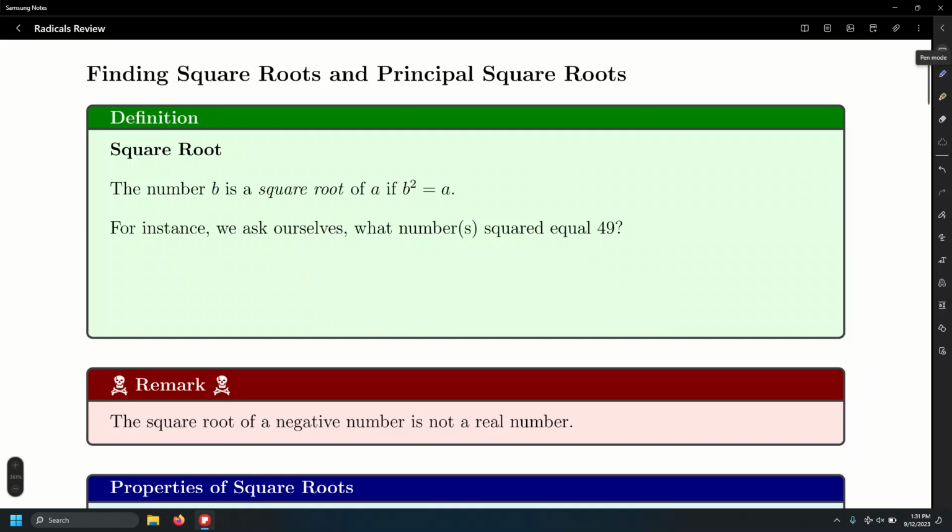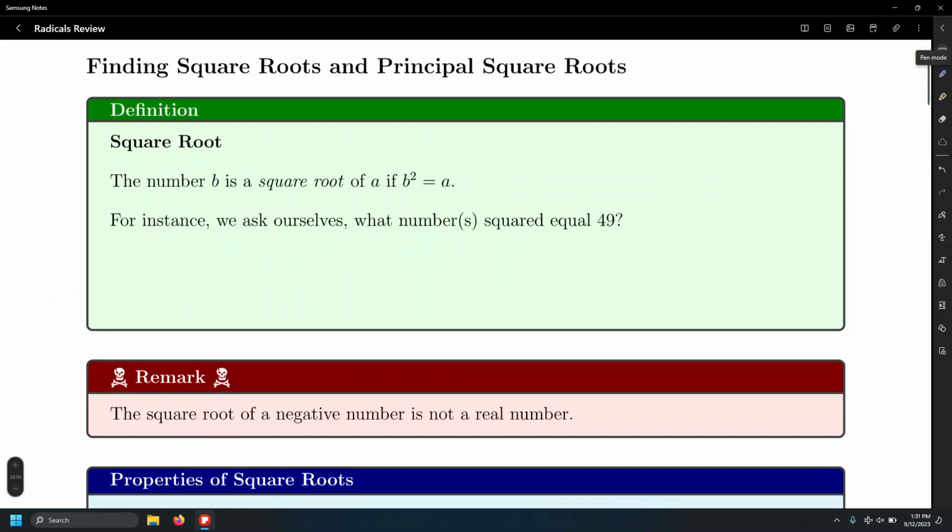However, let's define what a square root is. The formal definition tells us that the number b is a square root of a if b squared equals a. For instance, we ask ourselves what number, or numbers rather, squared equals 49.